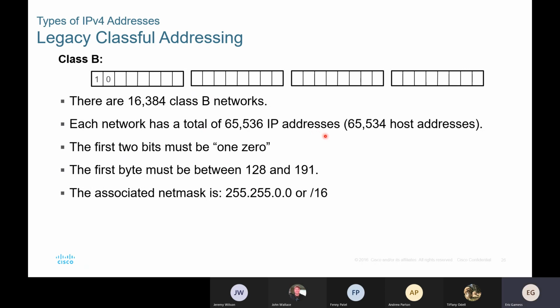Remember that in a network, we lose 2 IP addresses, the first one and the last one. Why do we lose 2 IP addresses? How is the first one called? We saw that in a previous lesson. The network address. It's a specific address in a network. It has a specific purpose, so I cannot assign it to network devices.